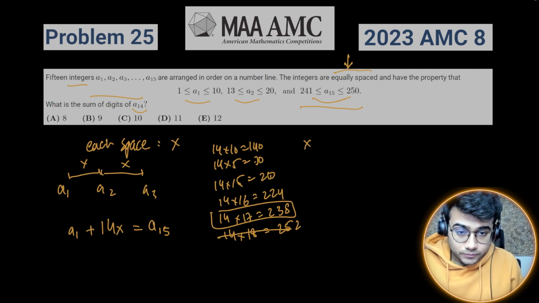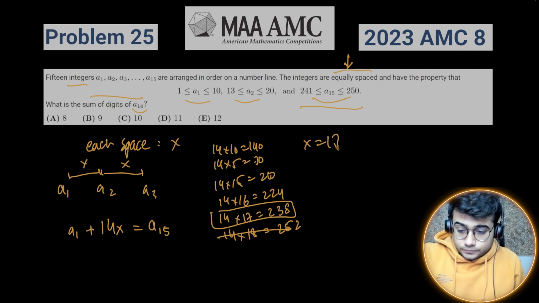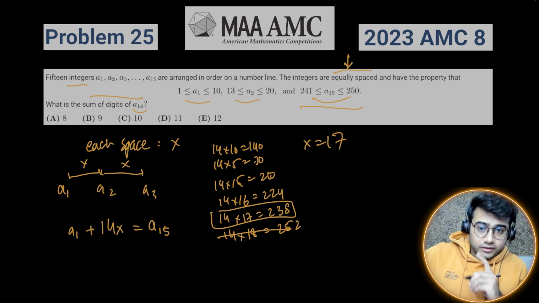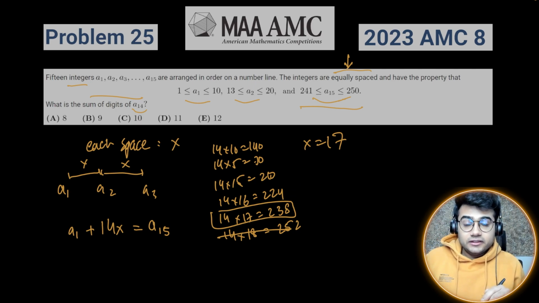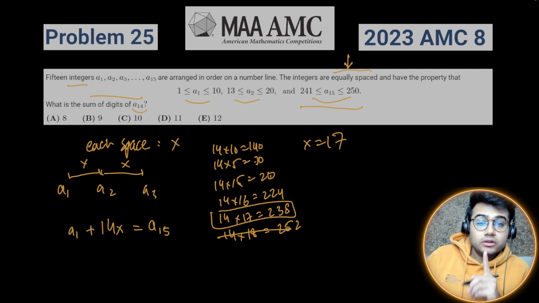We figured that out. Now how do we figure out what a1 is? Well, that's still very doable. If x is 17, let's figure out what is the smallest value a1 can have and what is the biggest value a1 can have.